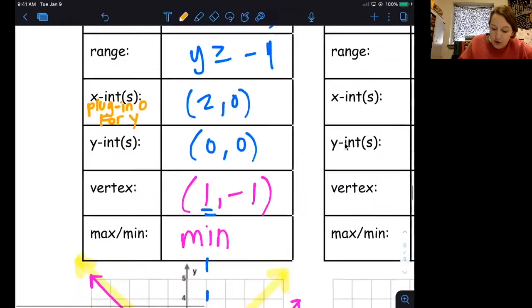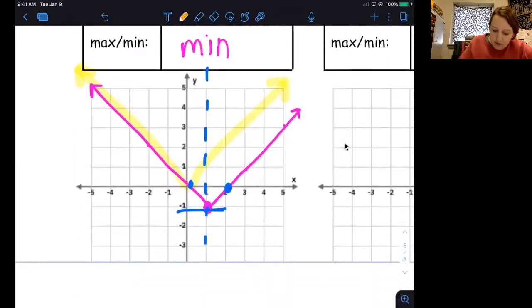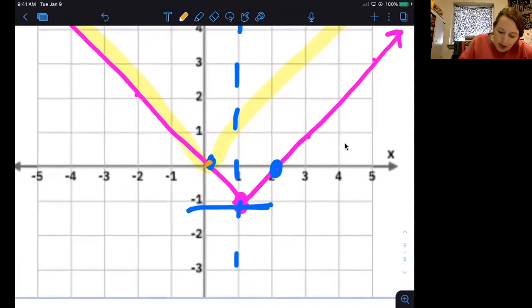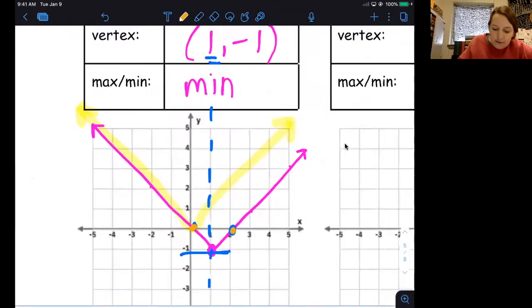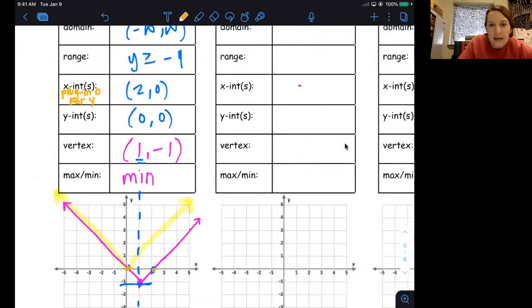Okay, you're going to notice if you look back at this graph that not only is this a y-intercept, it's also an x-intercept. So we're not going to solve this by hand yet because we don't know how to solve absolute value and get our two x values. Okay, so we're going to also list 0, 0 as an x-intercept.